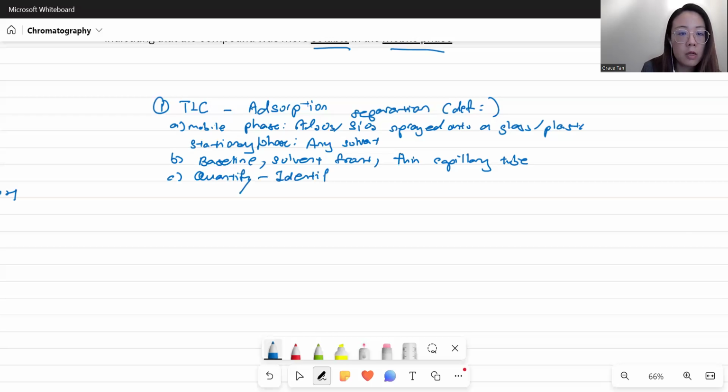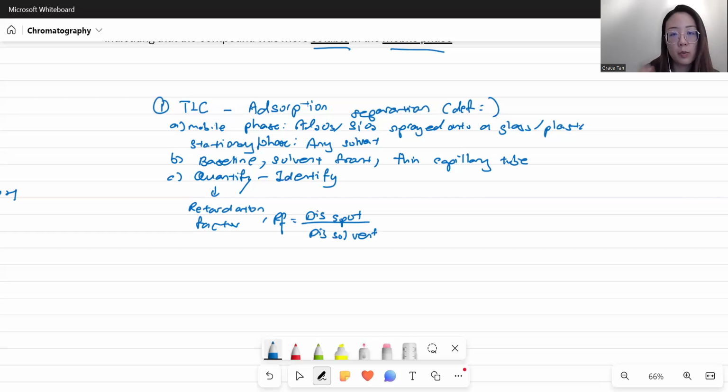For quantification here, we use the retardation factor, known as RF values: the distance moved by your spot over the distance moved by your solvent. How do we identify?